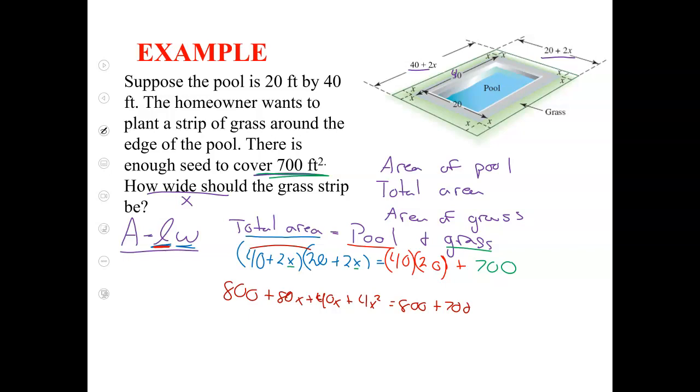So now it's just a matter of combining like terms, writing in standard form, and then picking a method to solve. In standard form, we're going to have 4x squared plus 120x minus 700 equals 0. We can solve this by factoring.